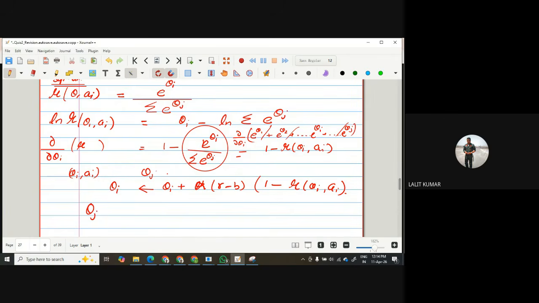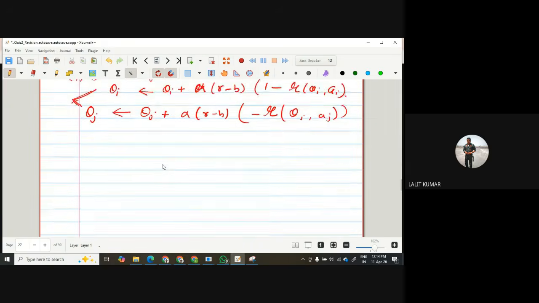If I take the derivative with respect to theta j, this will give me 0. So this will become theta j plus alpha into r minus baseline, into minus pi theta j aj. This is how we update the thetas in a softmax.